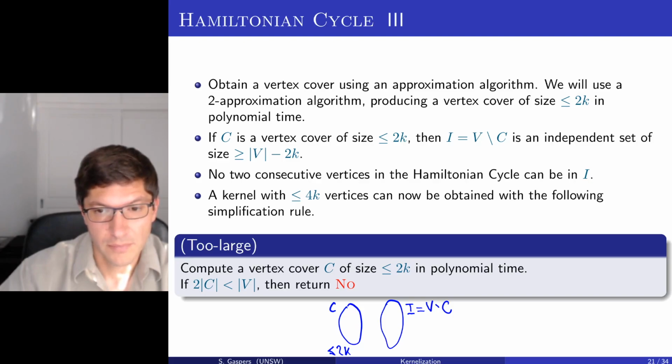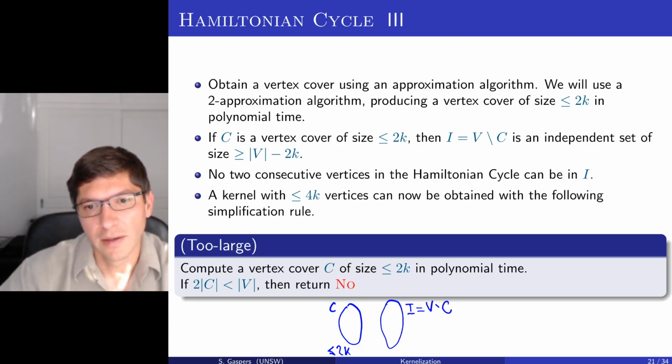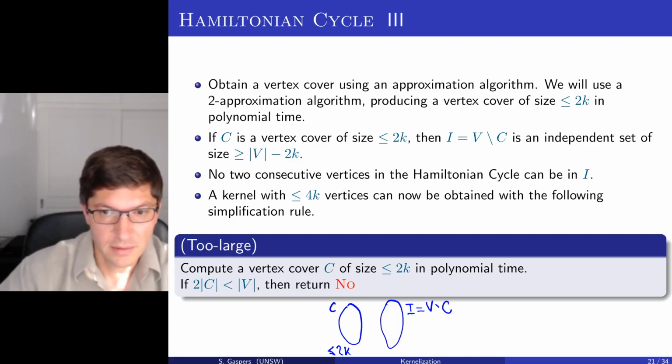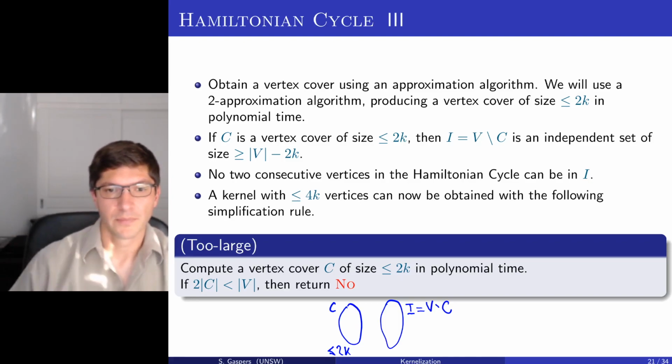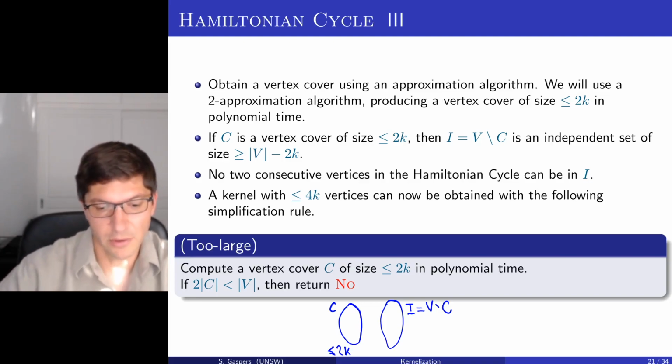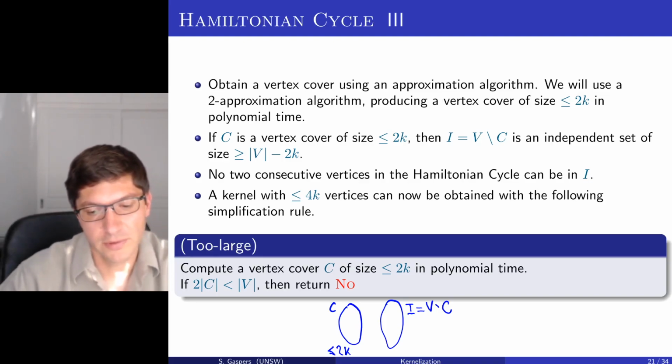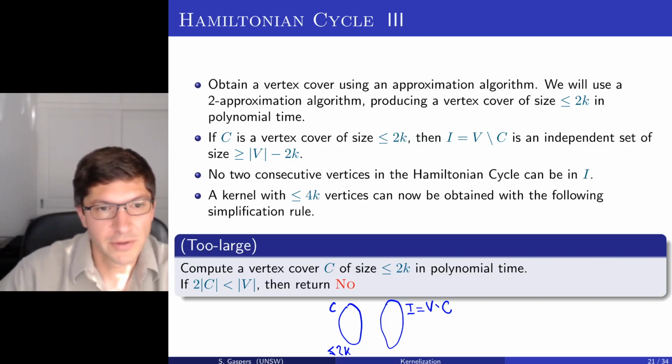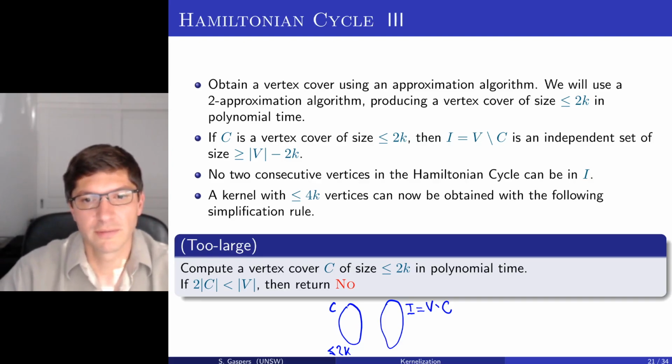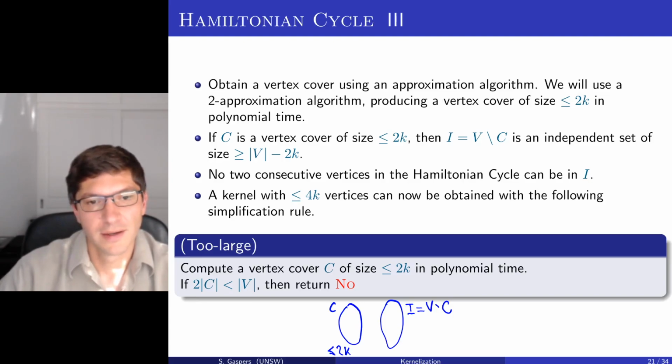Or, since we don't actually know what 2k is, we can say that if the size of I is more than the size of C, then we have a no instance. So we can obtain a kernel with at most 4k vertices with the simplification rule "too large", which computes a vertex cover of size at most 2k in polynomial time. Then if twice the size of the cover that we get is less than the size of V, we return no.